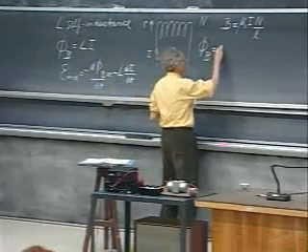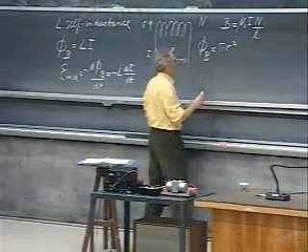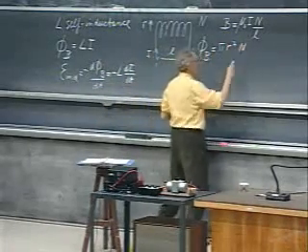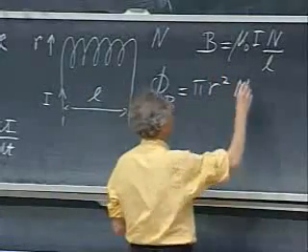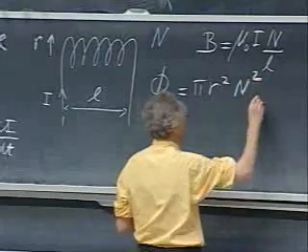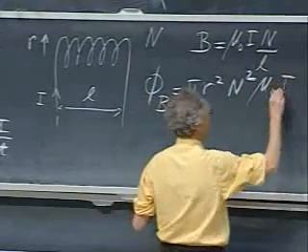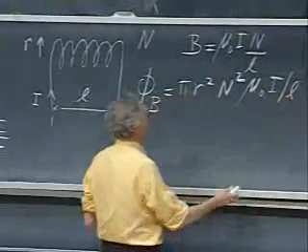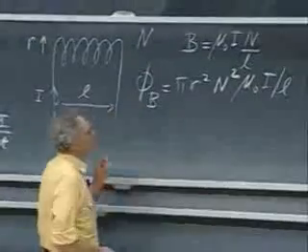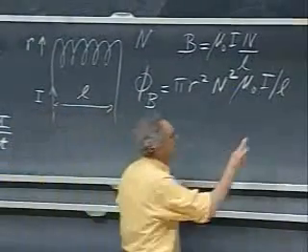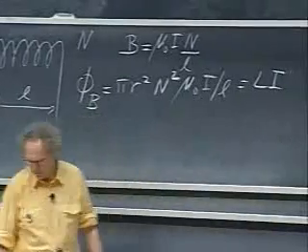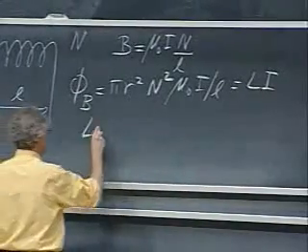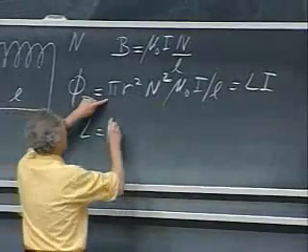So we get pi little r squared, surface area of one loop, but we have n loops, and then we have to multiply it by that constant magnetic field. So we get an N squared, because we have an N here, mu0 I divided by l. And this we call L times I. That's our definition for self-inductance. And so the self-inductance L is purely geometry.